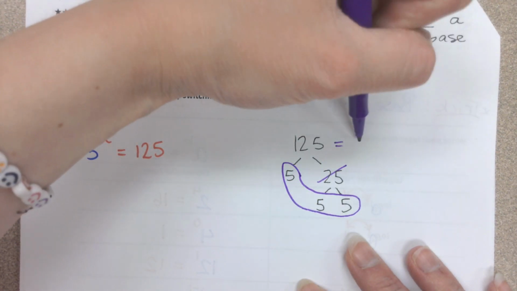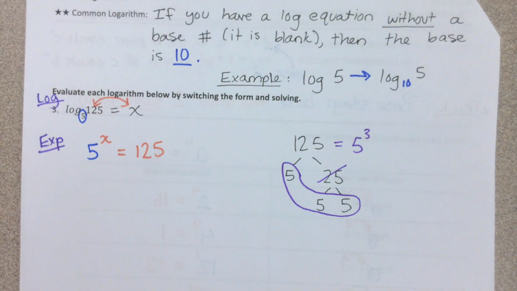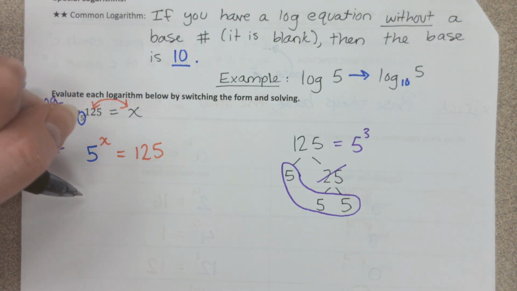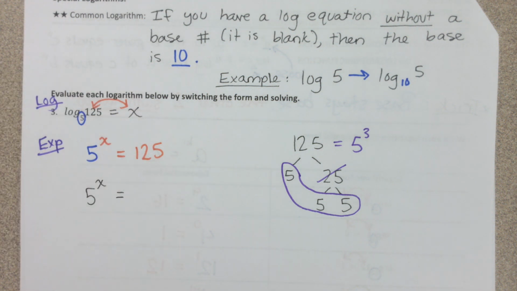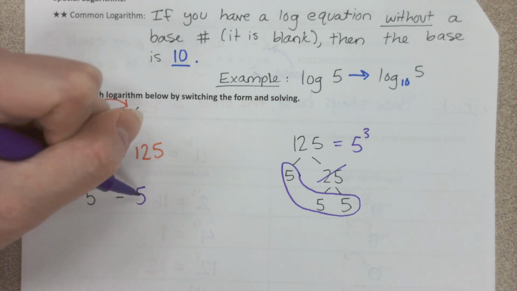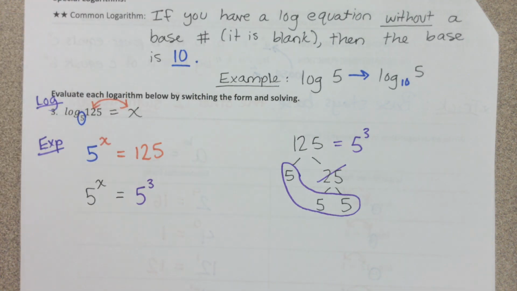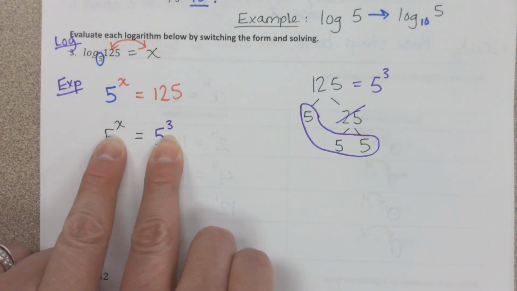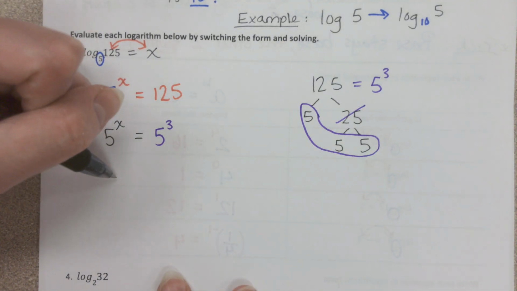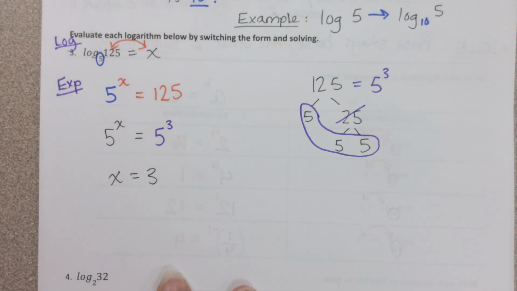So that means 125 is actually just 5 cubed. Bringing this down, I have 5 to the x is equal to, I'll do a complete replacement, 5 cubed. When the bases are equal, so are the exponents. X equals 3.